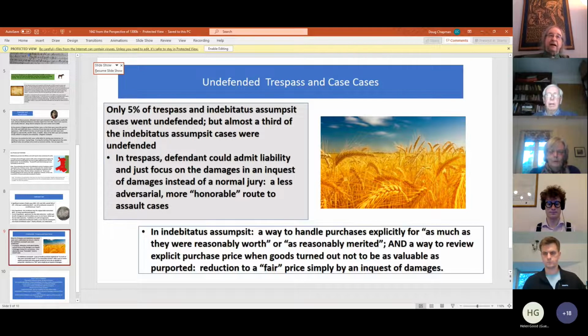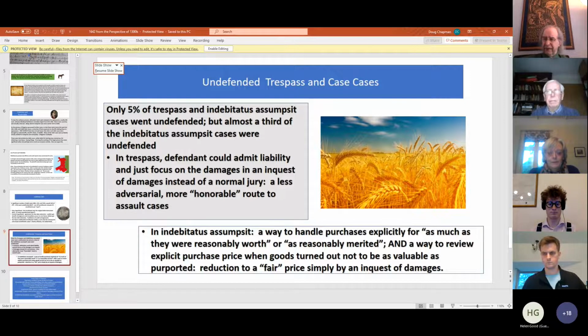I can't actually say whether such things are apparent in debt cases around 1300, because I haven't gone back and looked. But my recollection of the cases around 1300 doesn't include sales for prices like as much as they were reasonably worth or as reasonably merited.